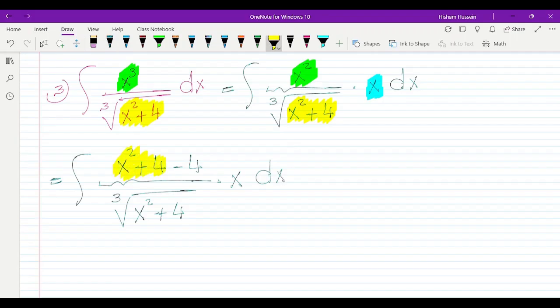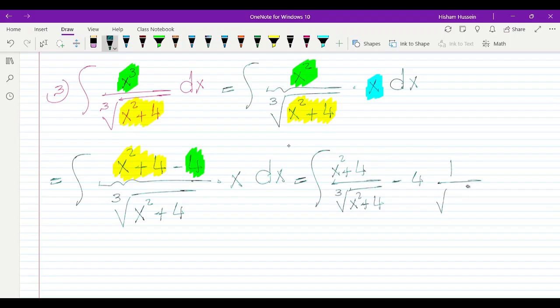The first divided by the cubic root, minus 4 divided by the cubic root. So this will be integration of x squared plus 4 divided by the cubic root of x squared plus 4, minus 4 times 1 over the cubic root of x squared plus 4, all times x dx.